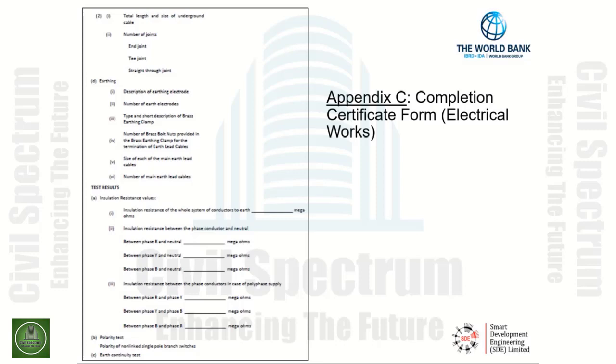Item D, earthing, description of earthing electrode, number of earthing electrodes, type and short description of brass earthing clamp, number of brass bolt nuts provided in the brass earthing clamp for the termination of earth lead cables, the size of each of the main earth lead cables, and number of main earth lead cables provided. Test results is the next category.